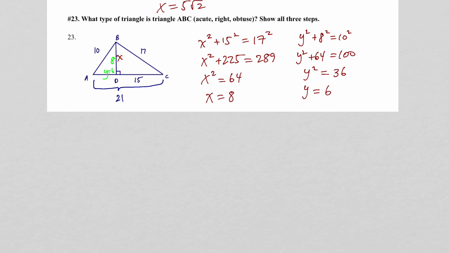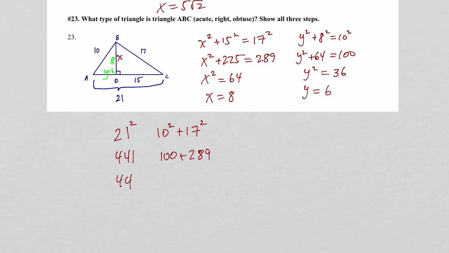Now, what I need to do is find out what type of triangle this is. This is obviously the longest side. So I have to compare 21 squared with 10 squared plus 17 squared and find out what relationship this is. So 21 squared, I just used the calculator, that's 441. 10 squared is 100. 17 squared, that's 289, but I'm just going to double check.